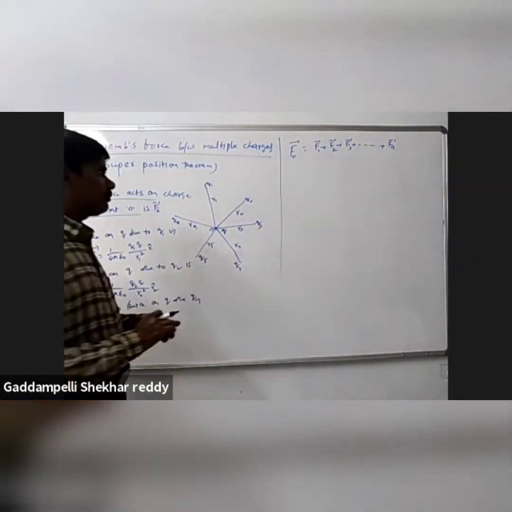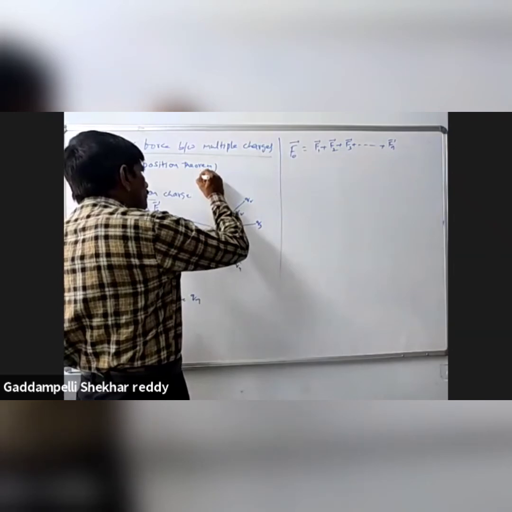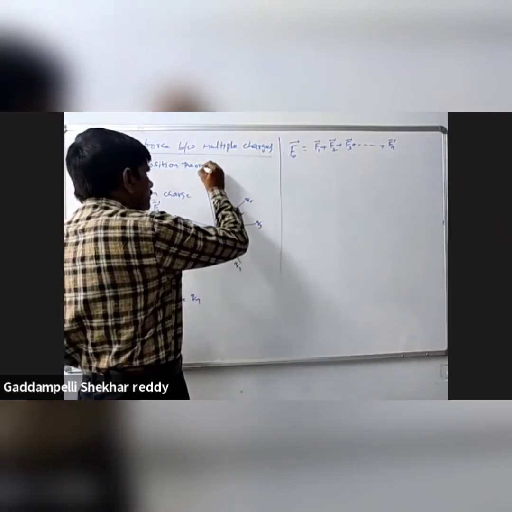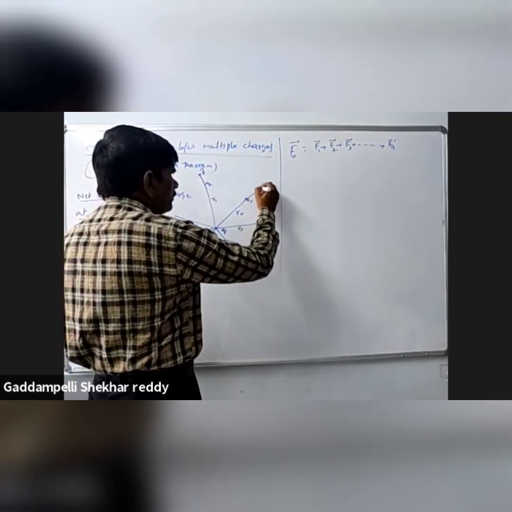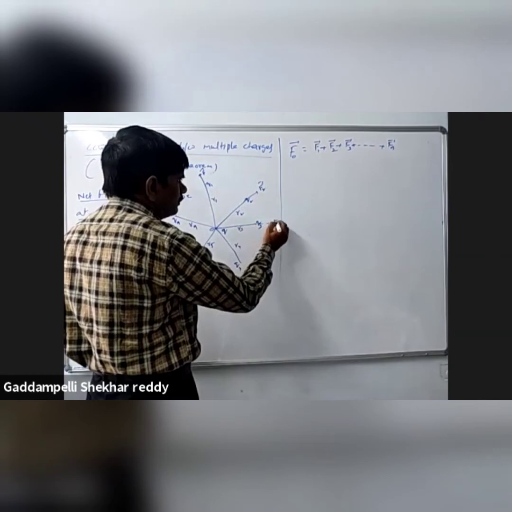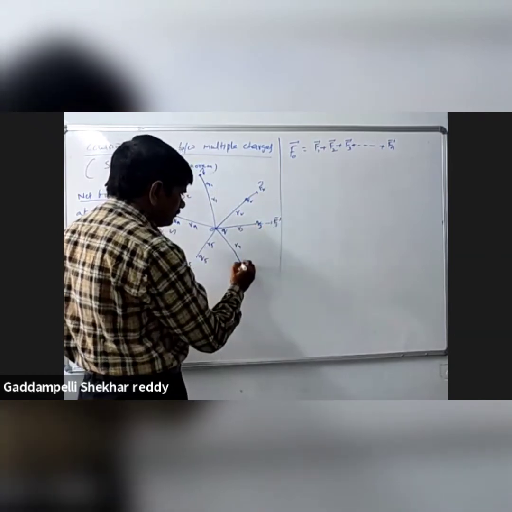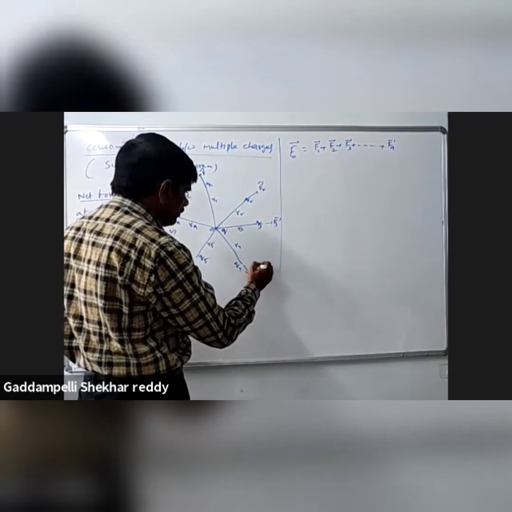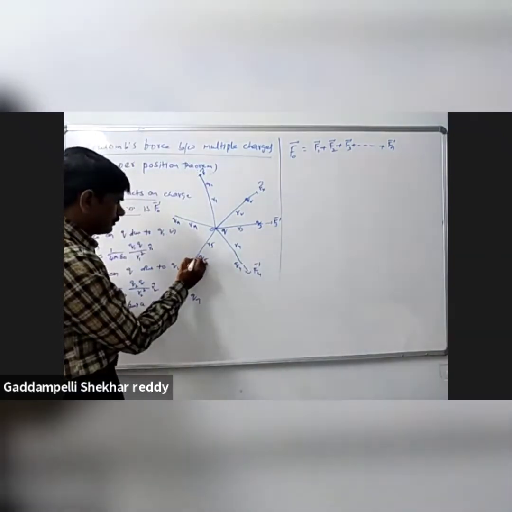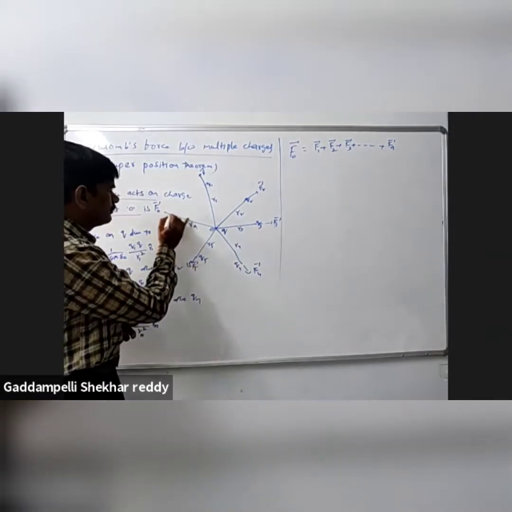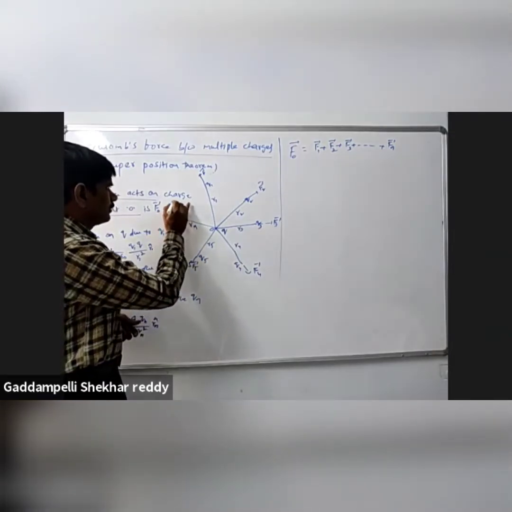So here all are positive charges. Positive charge means the force is repulsive: F1, F2 bar, F3 bar, F4 bar, F5 bar, Fn bar.